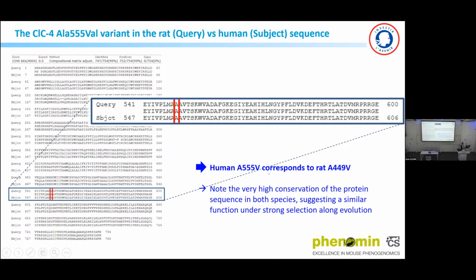In the human, it's at position 555, and in the rat, it corresponds to position 449. And also, as you can see here, there is a very high conservation of the protein sequence in the mouse and in the rat, which suggests a similar function under strong selection during evolution.